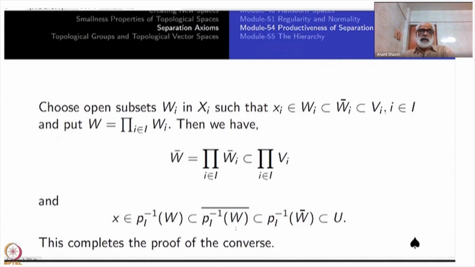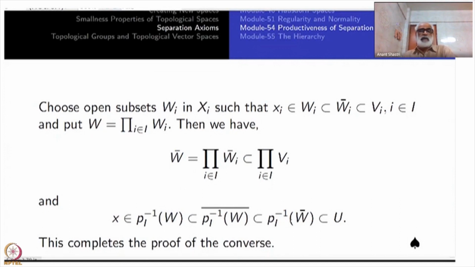What I need to show is that it is contained inside U. Now this is a closed subset containing this one. Pi is a continuous map, so pi inverse of a closed subset is closed, and it contains pi inverse of W. Therefore, this closure is contained inside this one. Actually, these are equal here, but I am just taking the easy way.